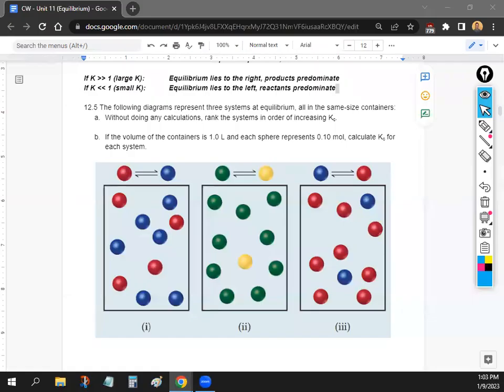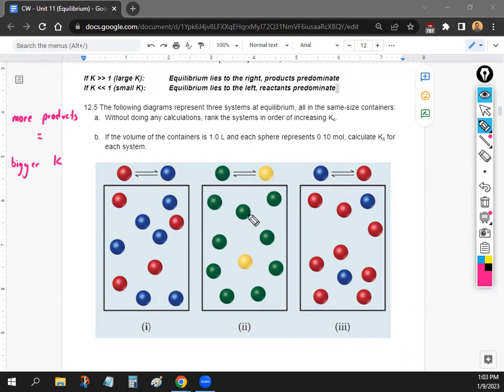All right, guys, so let's go through it, okay? So hopefully you have your answer locked into your brain. Okay, so the pattern that we need to follow is that if you have more products, is the K value going to be bigger or smaller? Yeah, you're going to have a bigger K. Okay, so the more products that you have, the bigger the K, and vice versa as well, right? The fewer products you have, the more reactants you have, the smaller the K value.